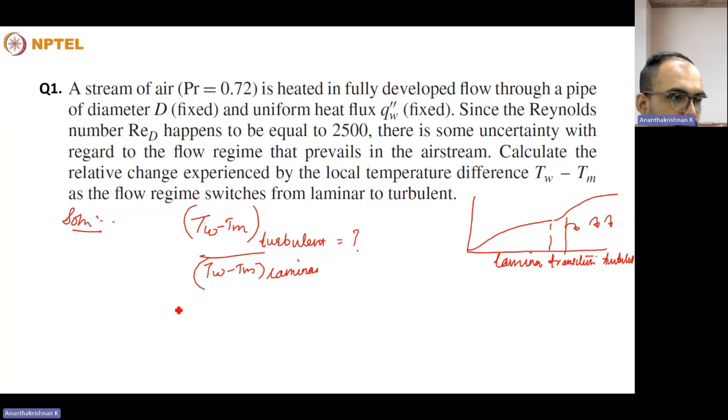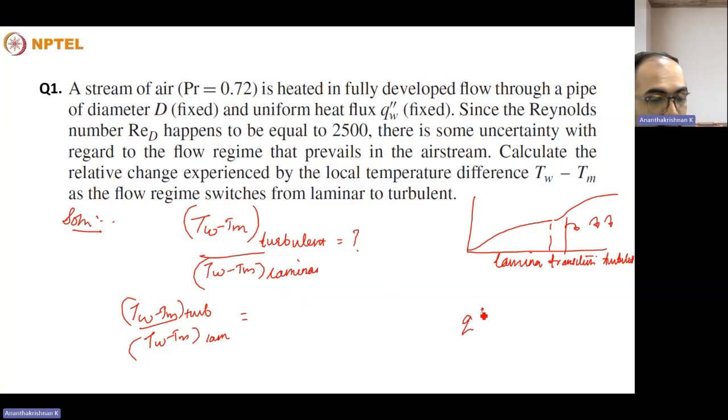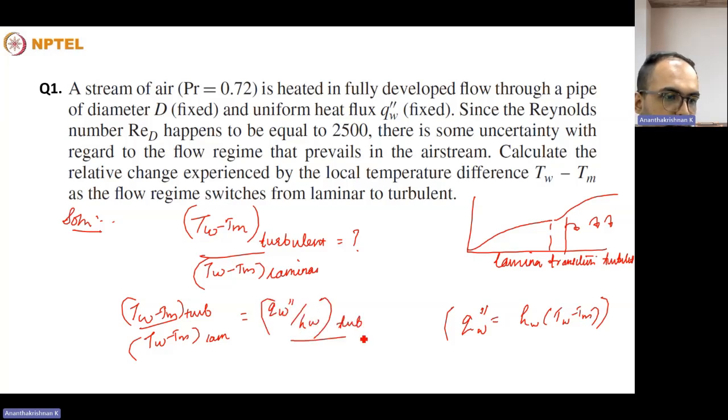So this is equal to the inverse of the heat transfer coefficient. Heat flux can be written as h wall times T wall minus T main. So in this case, T_W minus T_M will be Q_W dash divided by h_W. So this will be Q_W dash divided by h_W for turbulent, divided by Q_W dash divided by h_W of laminar.